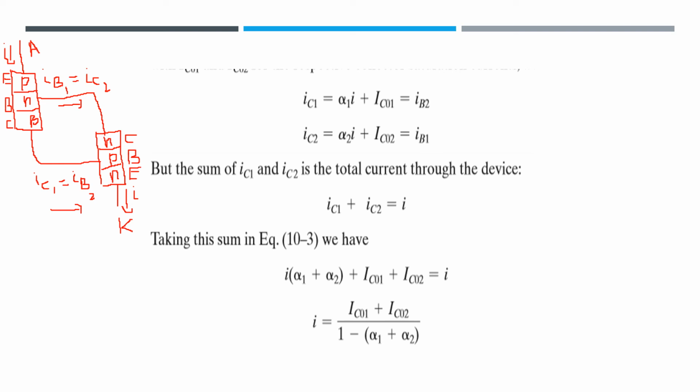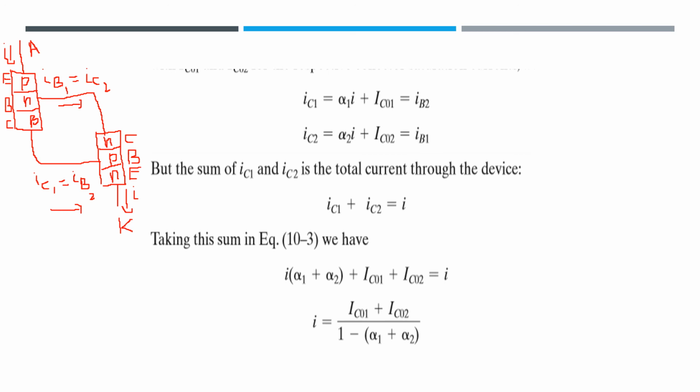Similarly, for the collector current of transistor 2, we can write this equation as alpha 2 I plus IC02 is equal to IB1, as we have said here that IB1 is equal to IC2. The same we have written here, just extended it.